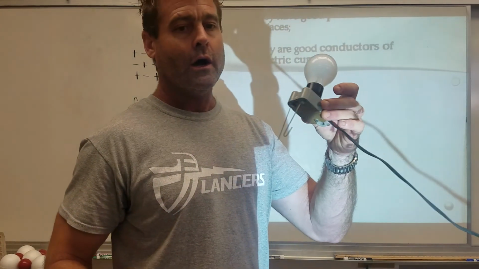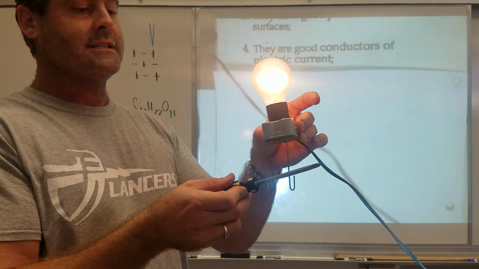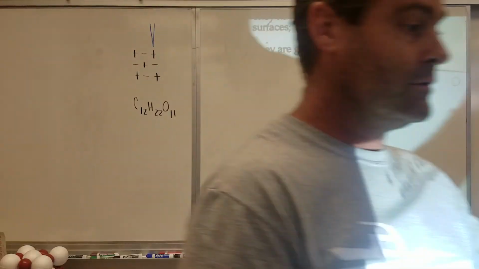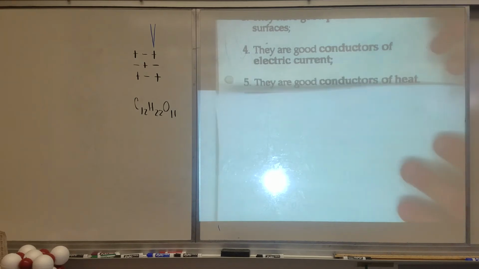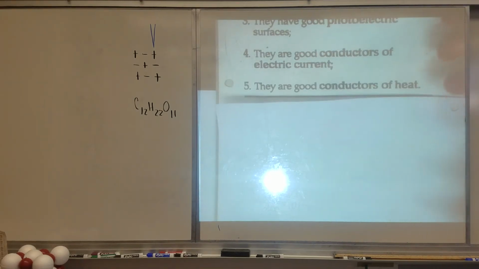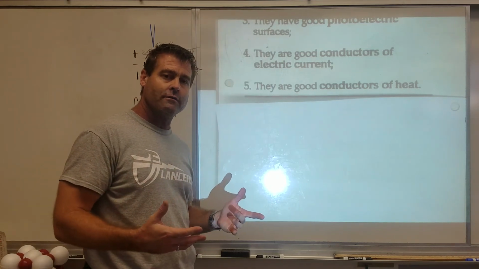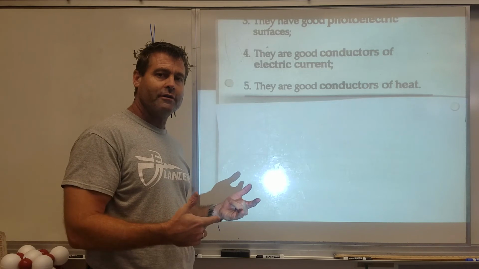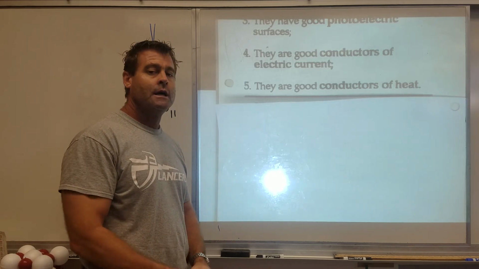Our wires are made of metal, and so you can see it does allow electric current to travel through it. And then last thing, they're also good conductors of heat. That explains why we use metal pots and pans on our stove, because we want to transfer the heat from the burning gas directly to our food, and so we use metal because heat transfers relatively easily.